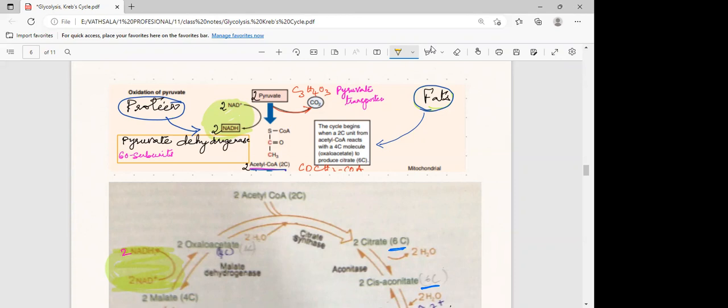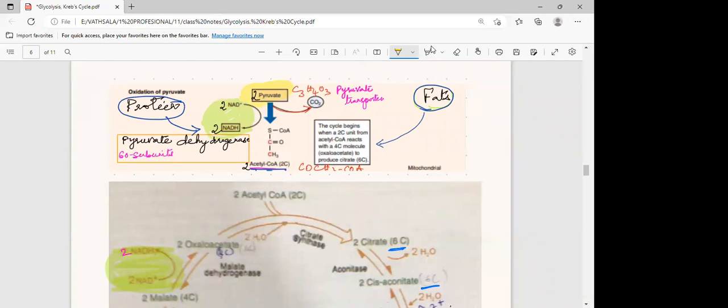So 2 pyruvate, or 2 pyruvic acid, which is formed during glycolysis, isn't it? C3H4O3. So decarboxylation takes place.